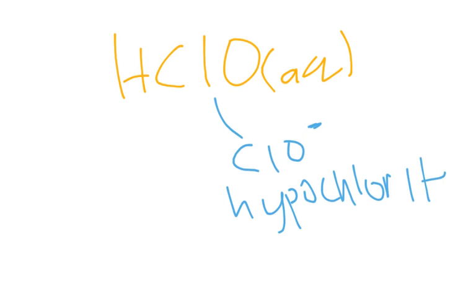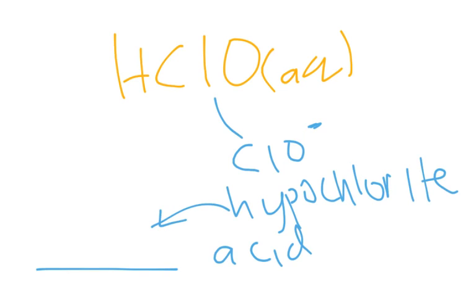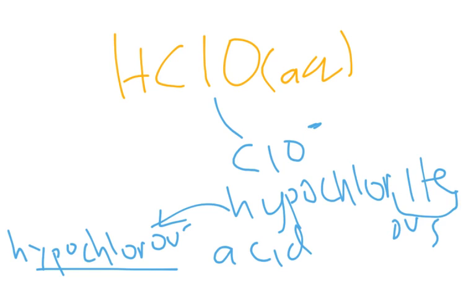And in order to name the acid, we basically plug this in here and we change the ite to an ous. So let's do that. So it would be hypochlorous acid, and that's all.